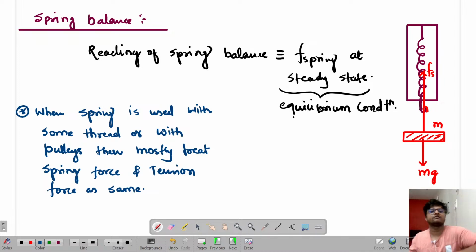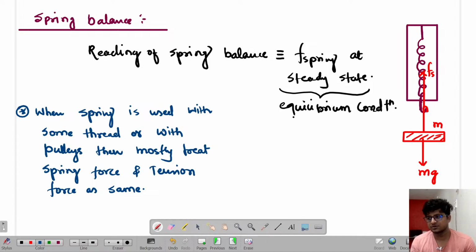Mostly treat your spring force and tension force as what kind of force? The same kind of force. Are you able to get me or not? Is that clear or not clear? Means if I use any kind of spring with some kind of thread or pulleys, then I have to just treat them as similar kinds of forces.